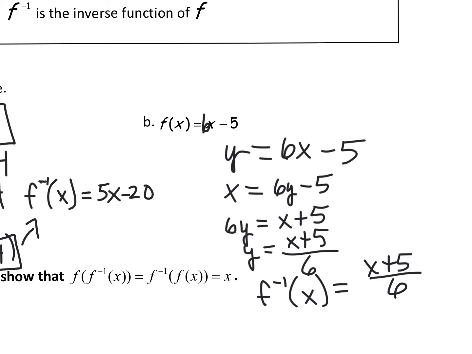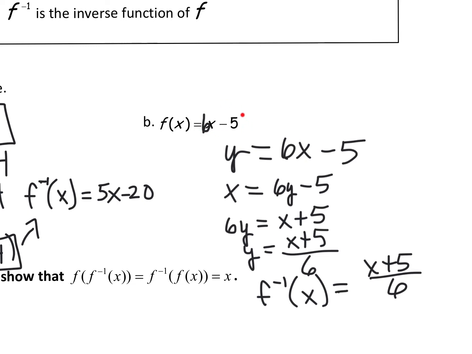So what am I trying to say? If we look up here, the order in which things are happening to x: first x is being multiplied by 6, and then after that we're subtracting 5 from it. Look at the inverse function. The first thing we're doing is adding 5, and the last thing we're doing is dividing by 6.